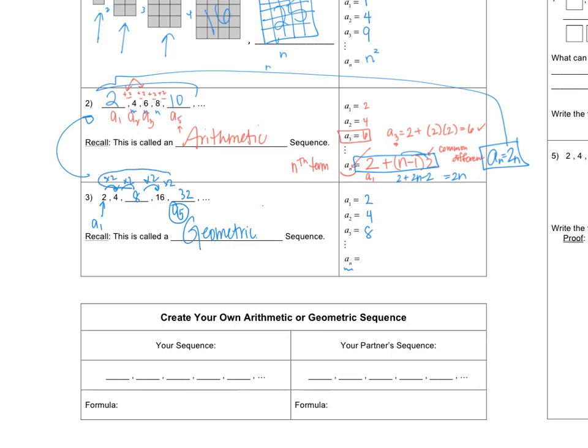And you could see, 4 2's being multiplied by the time I get to the fifth term. So I could say that my fifth term was found by starting with a 2, then multiplying by 2 4 times. 2 times 2 times 2 times 2. So if I want to write in general, I start with a 2, then I multiply by 2. So this is the starting term, and this number, we call that the common ratio.